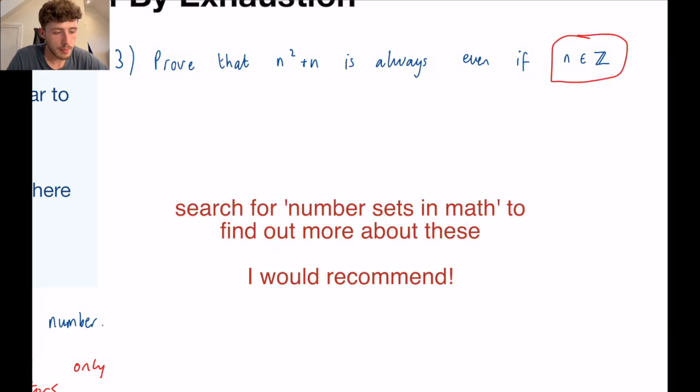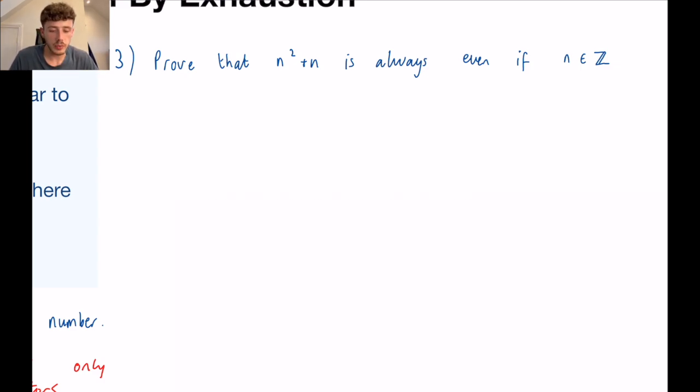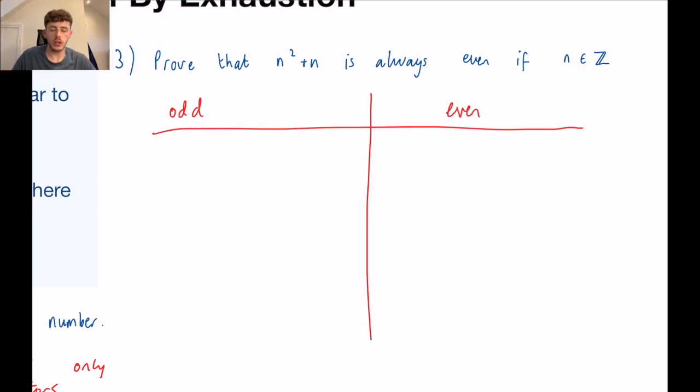This n is a member of the Z, just means the set of integers. A good way to break up the integers into a manageable situation is you will always either have odd or even. You cannot get any other type of integer other than odd or even. And this is something that we know how to use algebraically, because we could say we've got 2n plus 1, or we have 2n.